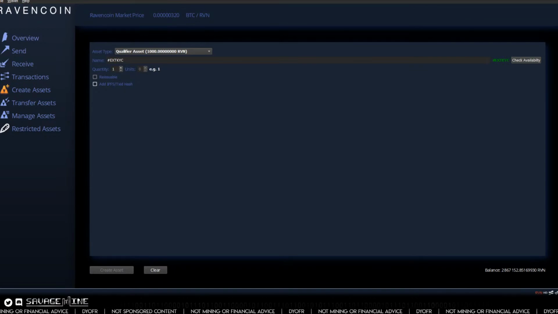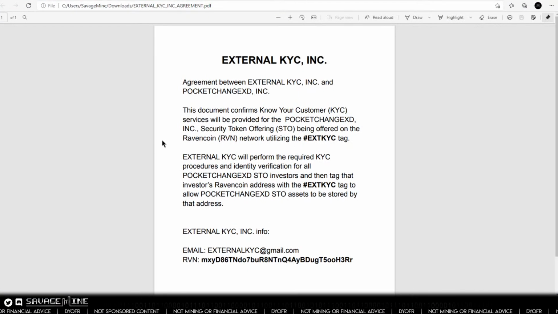We've got this PDF that is basically saying PocketChangeXD is going to work with that company to provide the KYC functions, or the KYC requirements of the STO. And here's all their information down here. And this is the tag that they're going to be able to control. At least I think that's the way this is going to work. So we will see. I do have some other information down here, address and all that stuff. We'll come back to this.